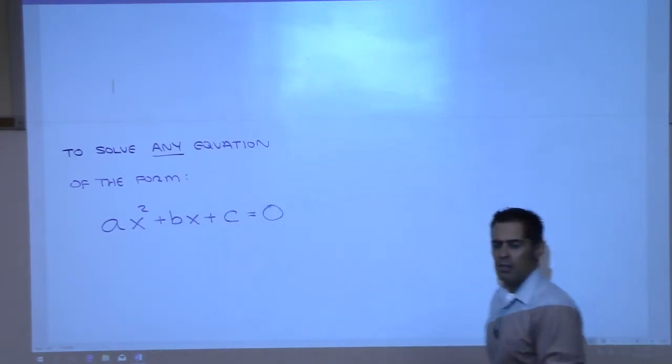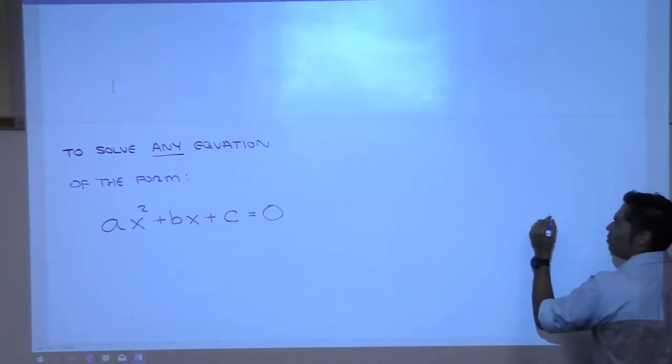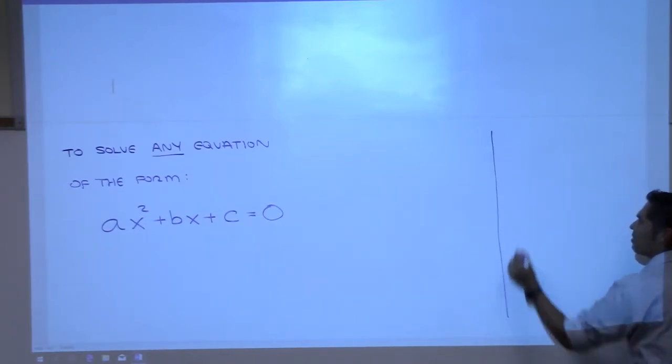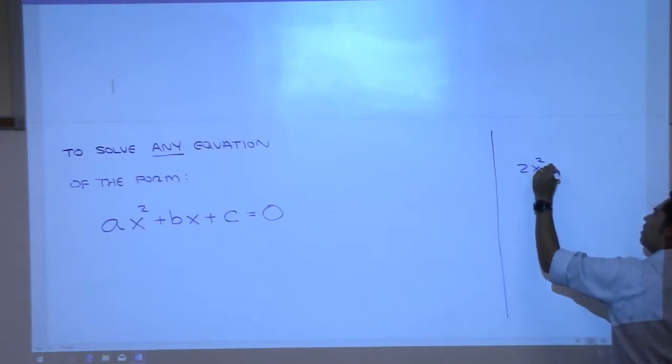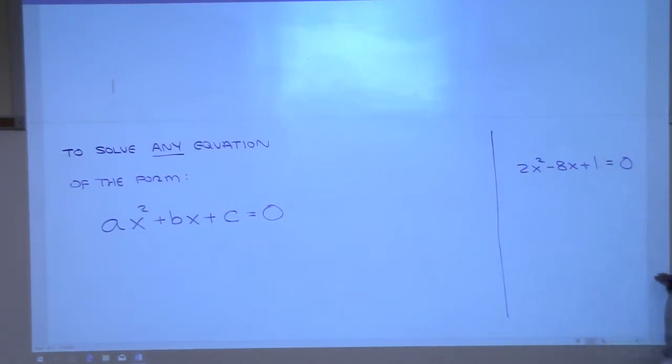So that should look familiar to us. Just on the side here, I'll put an example. What was that example we had a second ago that we stopped on? It was 2x squared minus 8x plus 1 equals 0. So as an example, this would qualify for what I'm about to talk about, right?